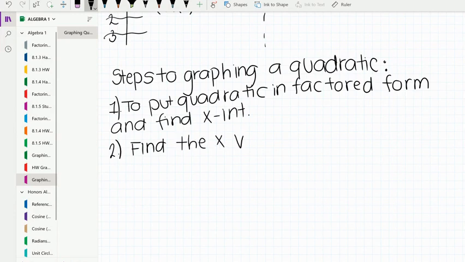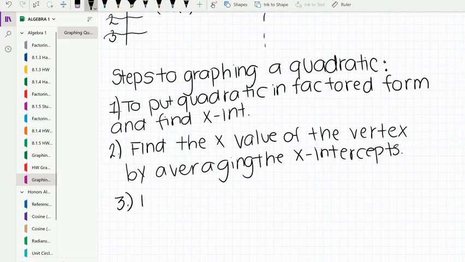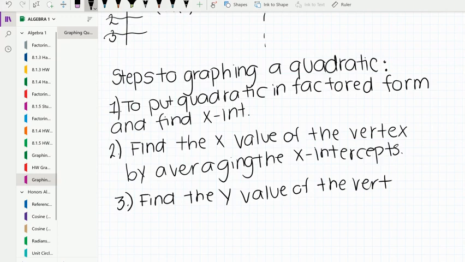Step 2 is to find the vertex, or I should say the x value of the vertex, by averaging the x-intercepts, because we know that the vertex is halfway in between. And then we can find the y value of the vertex by plugging in the x value.